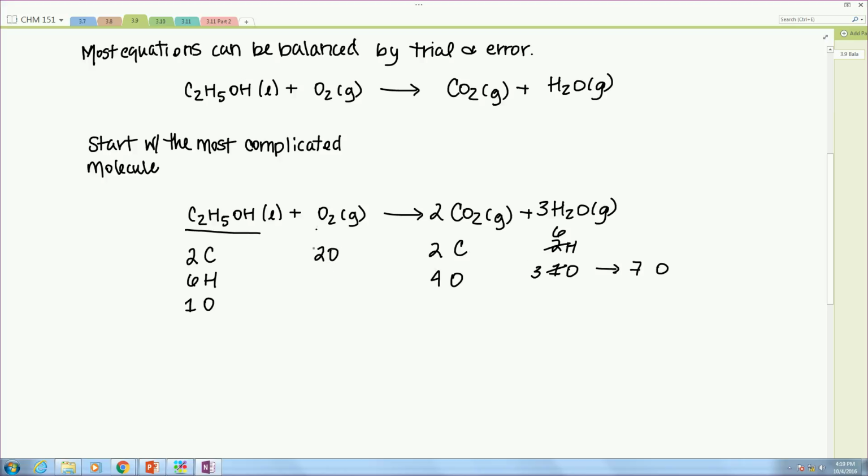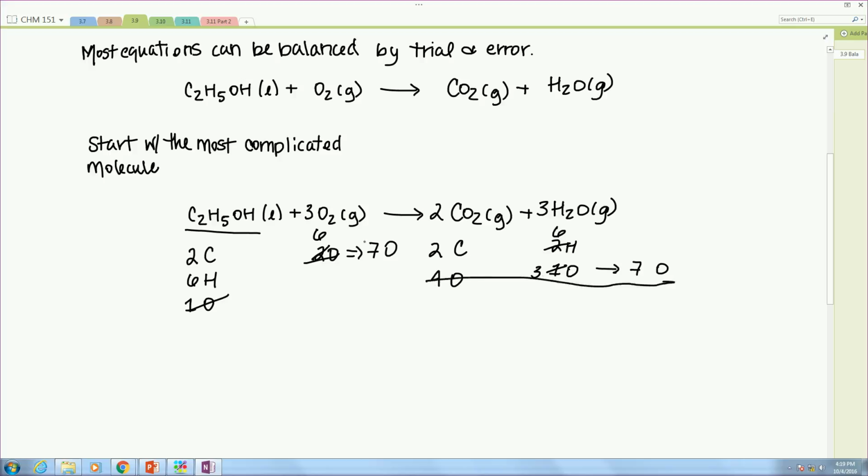Then on our other side, we just have 3. So if we put a 3 in front of this, this will give us 6 oxygens from the O2, plus 1 oxygen here gives us 7 oxygens total. Okay, so that's taken care of.